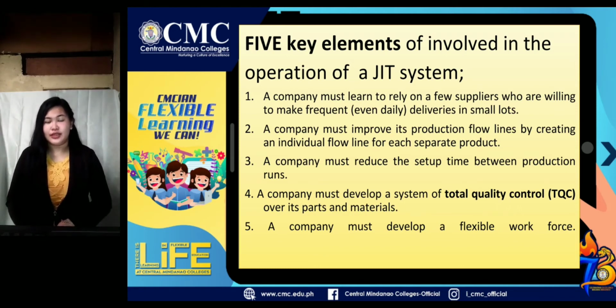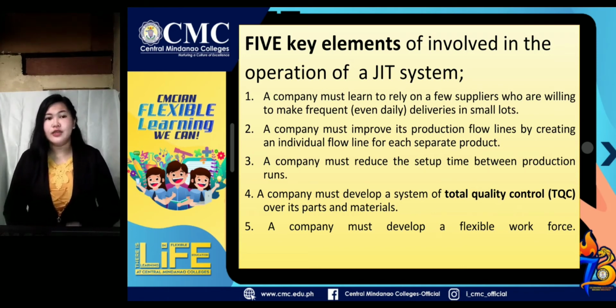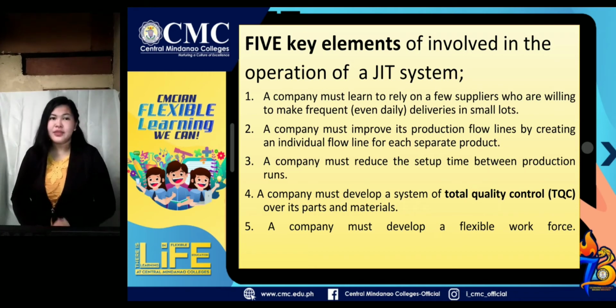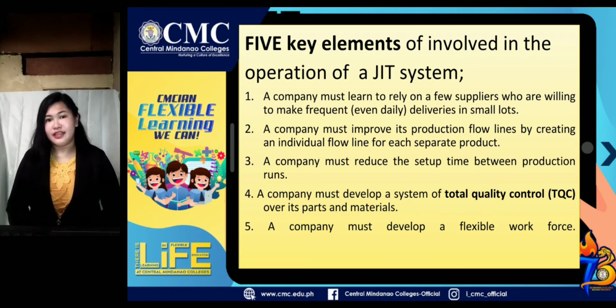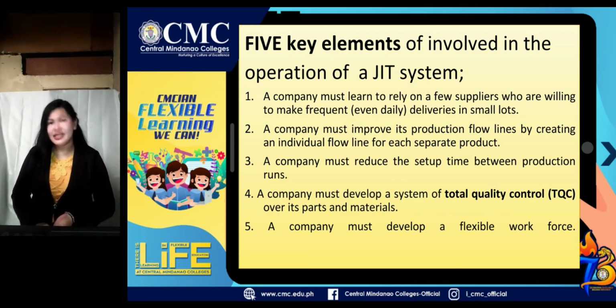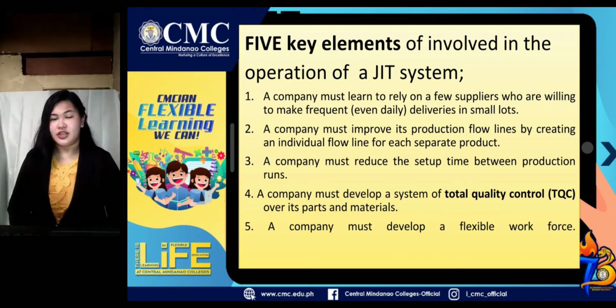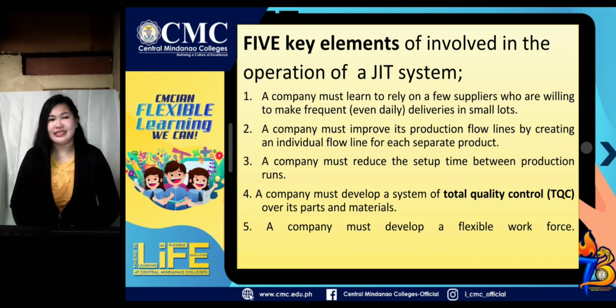TQC starts with suppliers, who must inspect goods before they are shipped to ensure that the goods are free of defects. The company's own employees are responsible to inspect their own work before sending partially completed units on to the next workstation. The last one is a company must develop a flexible workforce.